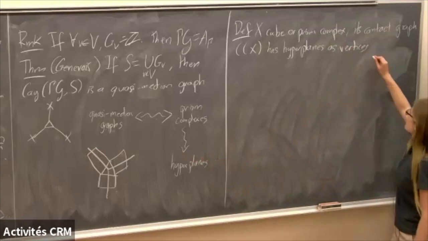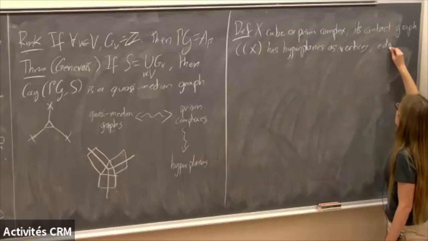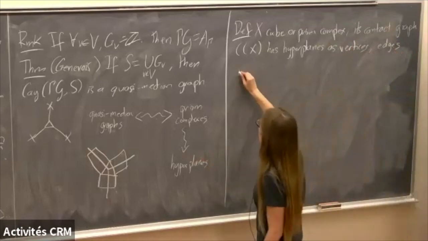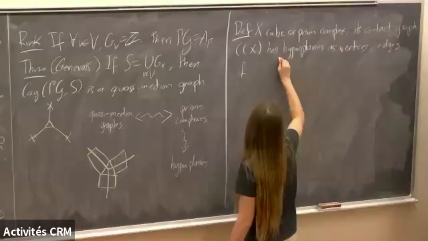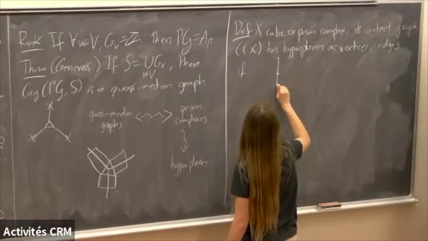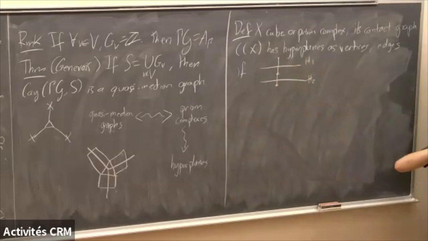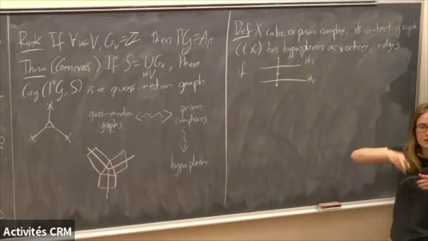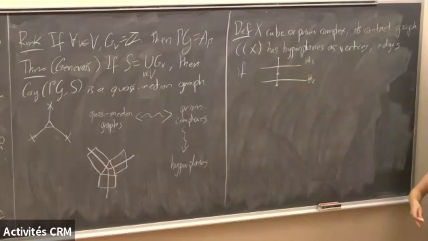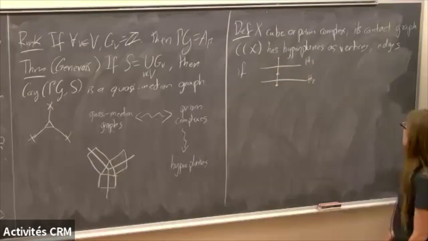So you have hyperplanes as vertices, and your edges are in the following situation, which is basically that your hyperplanes pass through neighboring edges. If those two edges span a square, then that would mean that they cross. You can just leave that as your edges, and that would be the crossing graph. But here we're also allowing that they're almost touching each other. This is the contact graph.